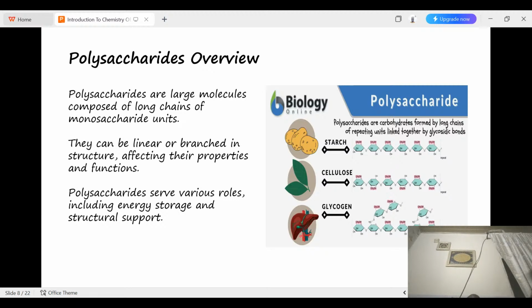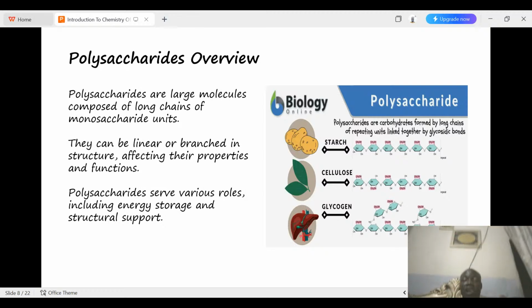When you have a long chain, more than 10, 15, 20, 30, 50, 100, 1000, 20,000 units, all of those fall under polysaccharides, and they are formed by the linkage of simple sugars, which are monosaccharides. We don't usually ask questions to draw this structure, but I advise you to go through it and read so that you can see if you can get the structure.